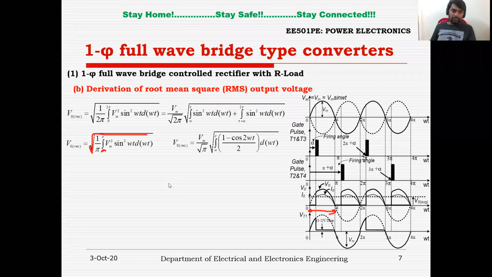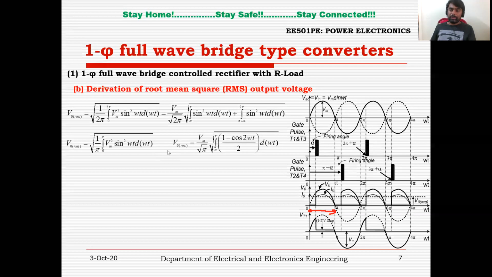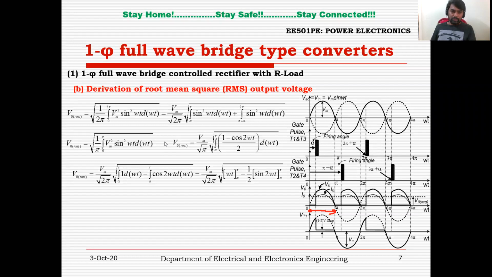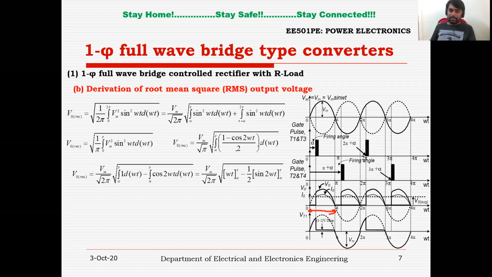Right. And now we all know that sin square omega t will be (1 minus cos 2 omega t) by 2. Just take this 2 common: Vm by under root 2 pi, alpha to pi, 1 d omega t, this factor, minus integration from alpha to pi cos 2 omega t d omega t.